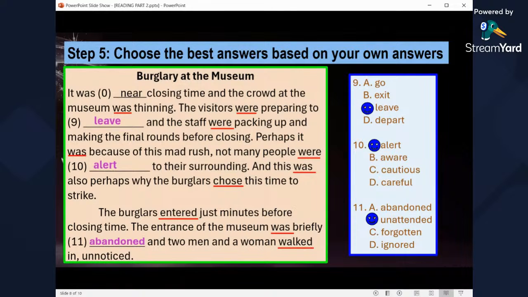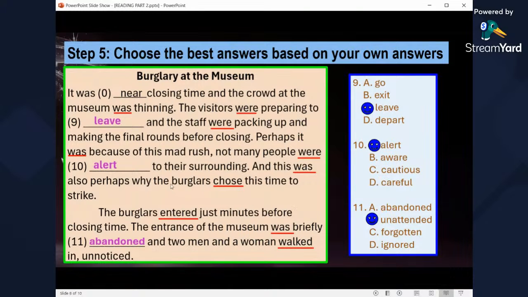You need to analyze like I have done. Go through it, talk to yourself and say, okay, between abandoned and unattended, which would best fit for an entrance? Unattended would best fit for an entrance. When you do not take care of the entrance, you don't abandon an entrance, you do not attend to it.